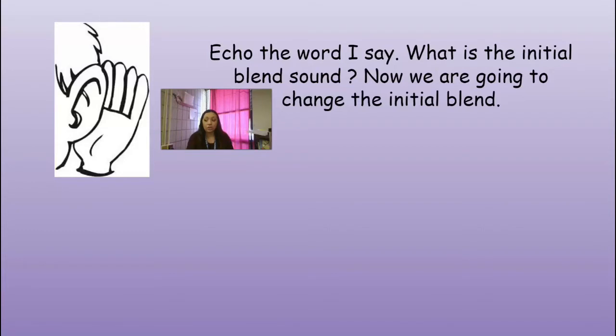Tr, that's right, tr. Change it to a fl. Flack, very good. One more. What's the initial blend in stoop? Stoop. That's right, the st. So in stoop, change the st to a dr and you get droop.